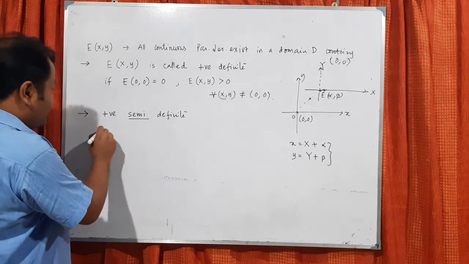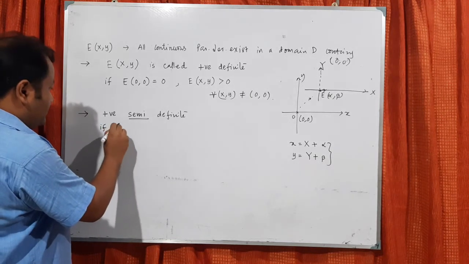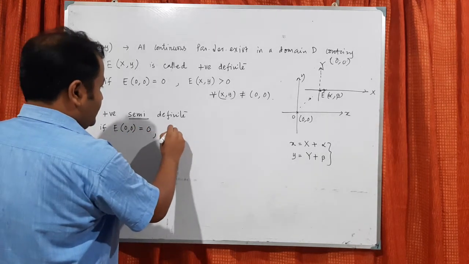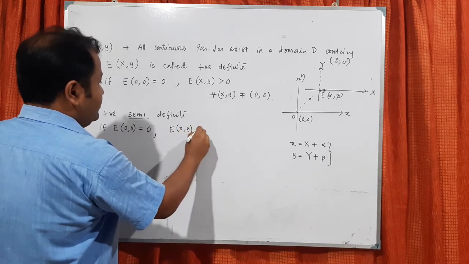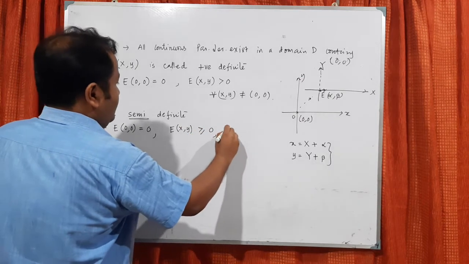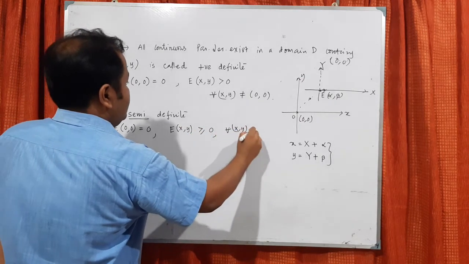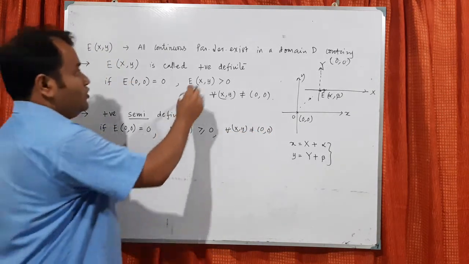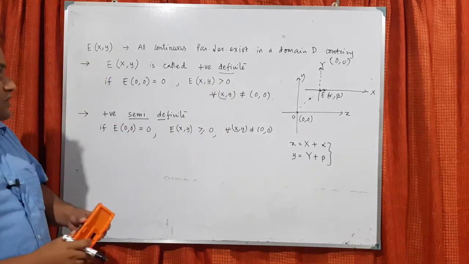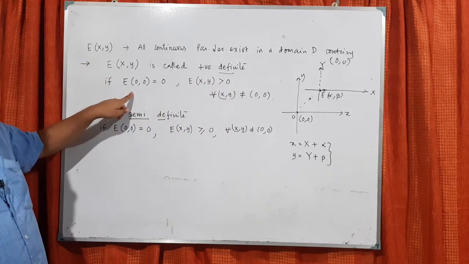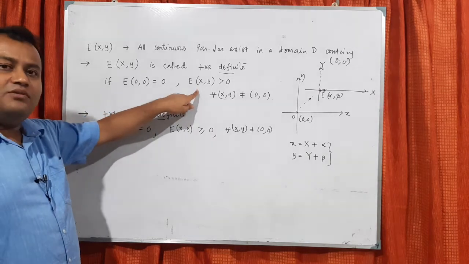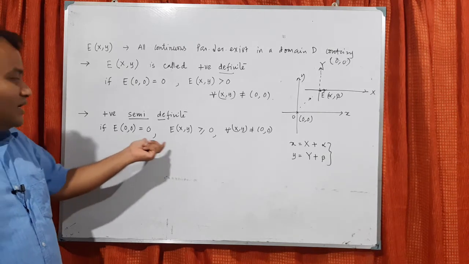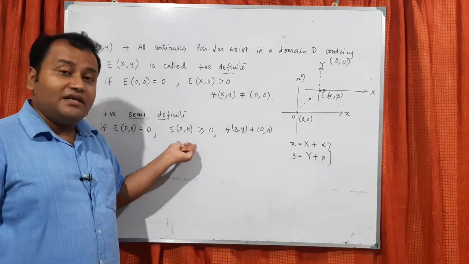So what is the condition? If E(0,0) equals 0 and E(x,y) is greater than or equal to 0 for all (x,y) not equal to (0,0). What is the difference between positive definite and semi-definite? Positive definite means except the point (0,0), in all other cases it is strictly greater than 0, and positive semi-definite means except the point (0,0), in other cases it may be greater than or equal to 0.